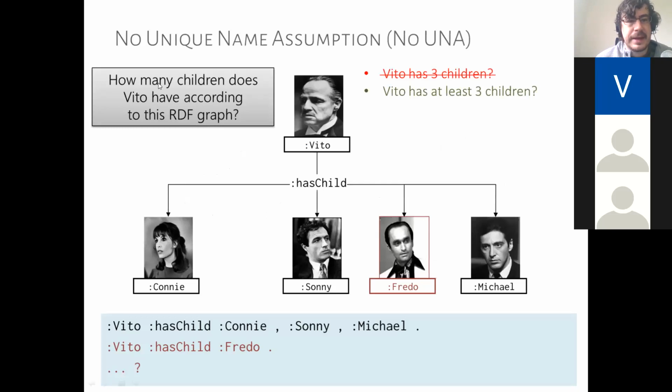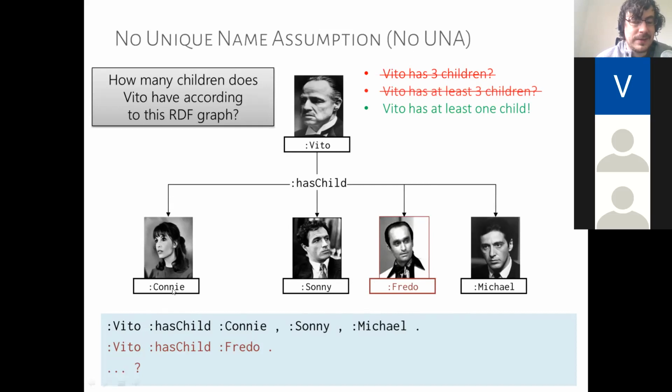The second thing is that in OWL, we have no unique name assumption. So returning to this here, we had sort of guessed that maybe we could say that Vito has at least 3 children. However, we can't even say that much because it is possible in RDFS and OWL that these are all names for the same child, that somehow we've named the same child with 4 different nodes or 4 different names.